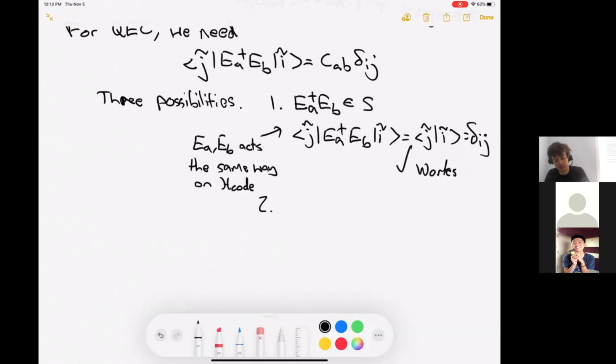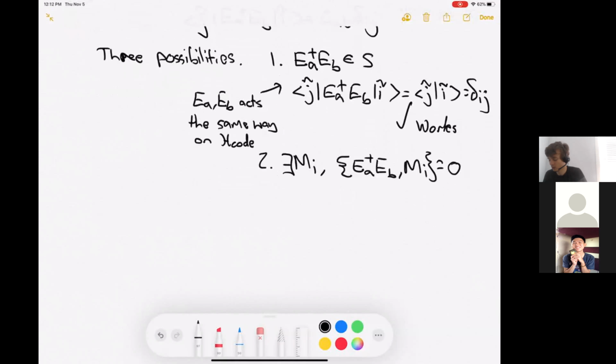The second possibility: there exists some mi such that EA dagger EB anti-commutes with mi. Okay. Then we have J tilde, EA dagger EB, I tilde.